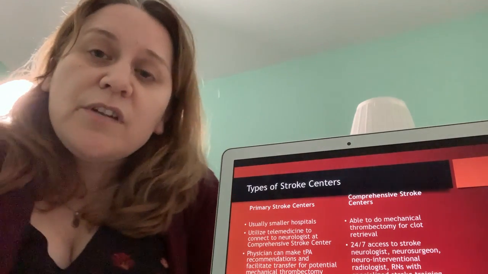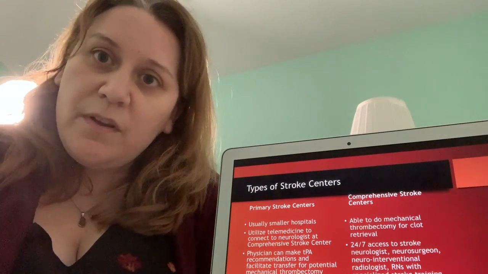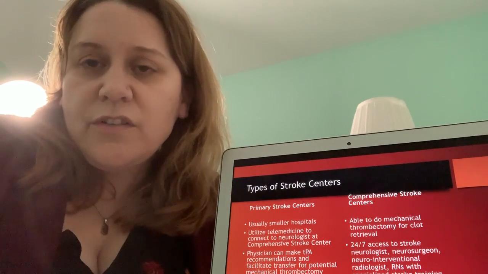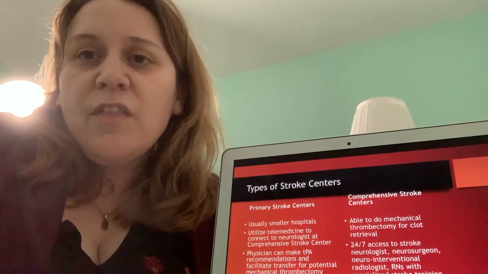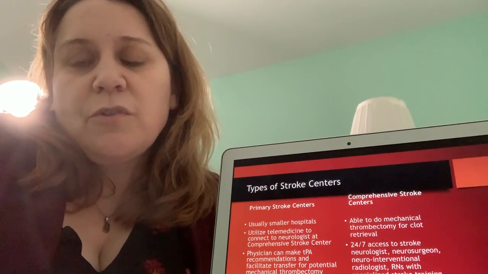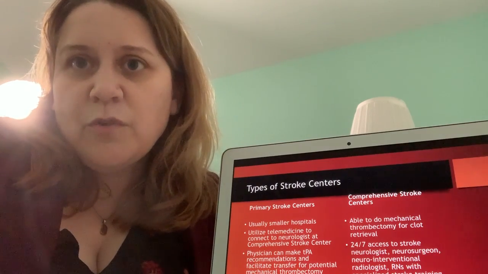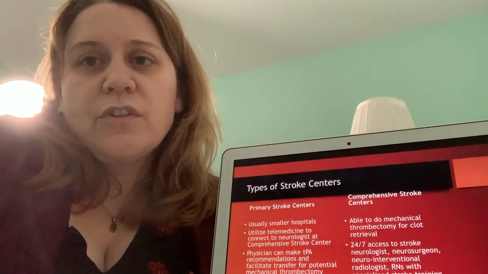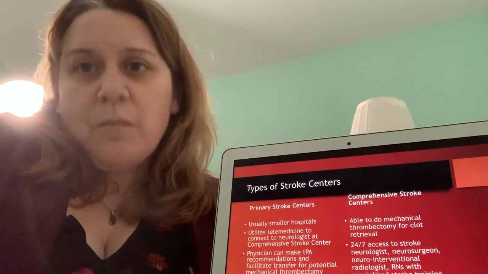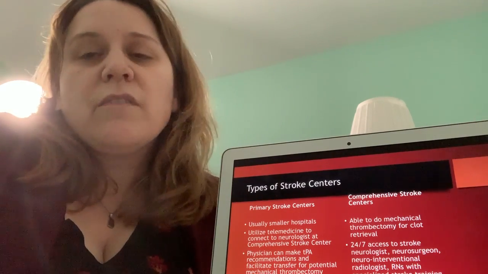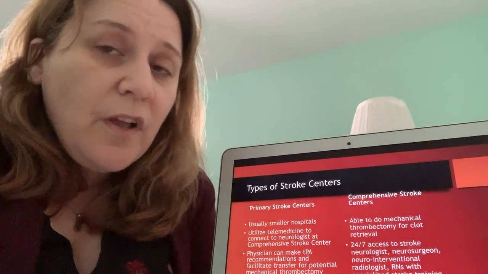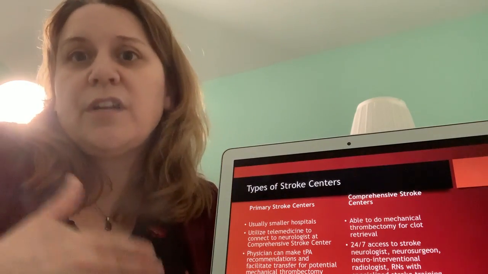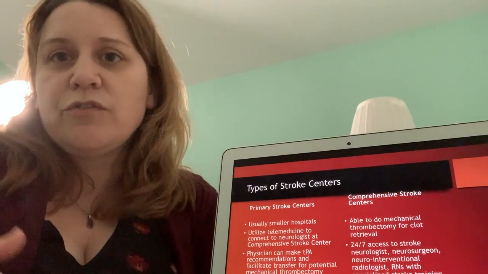Comprehensive stroke centers, in addition to having the capability to do the neurovascular interventions, the mechanical thrombectomy, also have a dedicated stroke team. So there will be a stroke neurologist available 24 hours a day, 7 days a week. Same thing with neurosurgeon availability, and the availability of a neurointerventional radiologist. You also have dedicated stroke nurses and dedicated rehab teams.